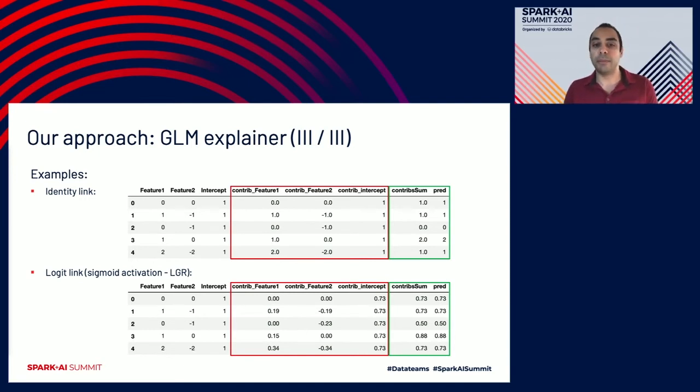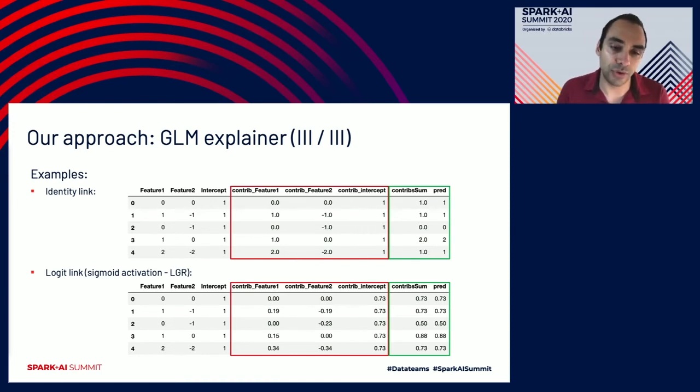If we sum them up, it's going to be 1, pass it through the sigmoid, and we have 0.73, as you can see on the right. Now, the algorithm correctly says, all right, feature 1 was 0, so it's not contributing to the linear sum, so it shouldn't be contributing to the overall outcome. The same goes for feature 2, and the overall contribution of the intercept is going to be 0.73 because the sum of these contributions should add up to the prediction.